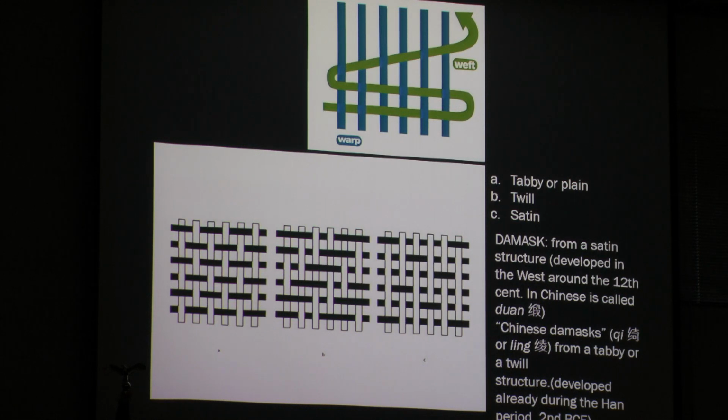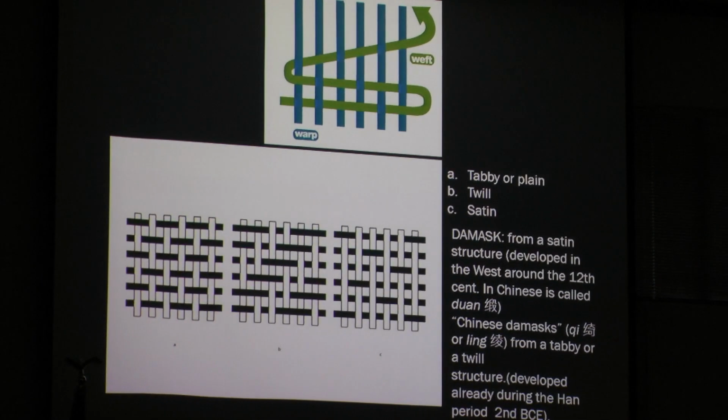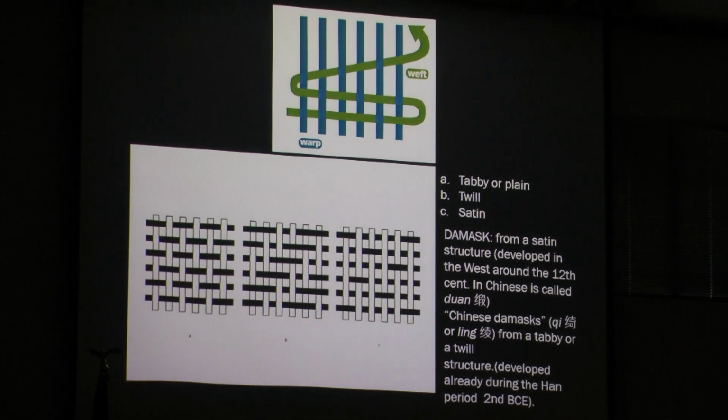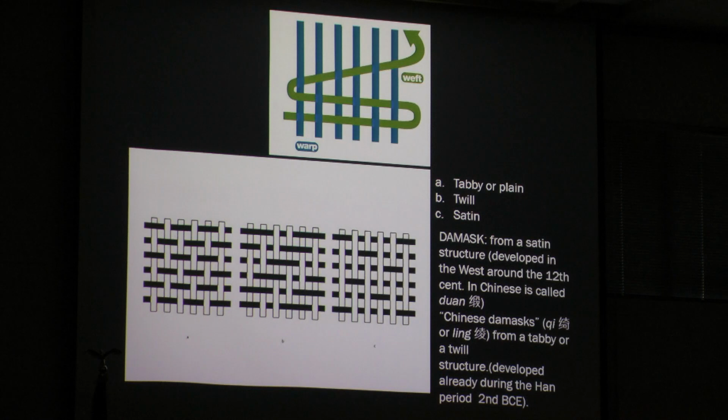Now, we have a problem with the Chinese textile terminology, because in Chinese, normally, if you read any book of Chinese art that includes textile, you will learn about this term that is Chinese damask. But Chinese damask is a wrong translation, like Chinese brocade, and I will explain why in a second.